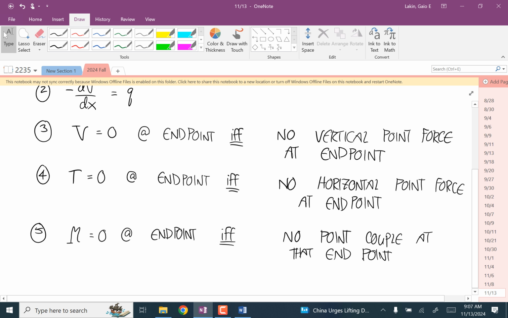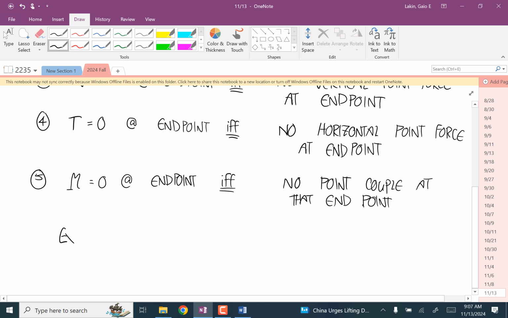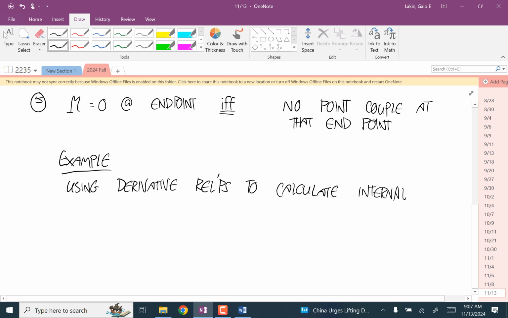But let me show you what you would have to do if you were going to use these derivative relationships. So this is using the derivative relationships to calculate the internal loads.